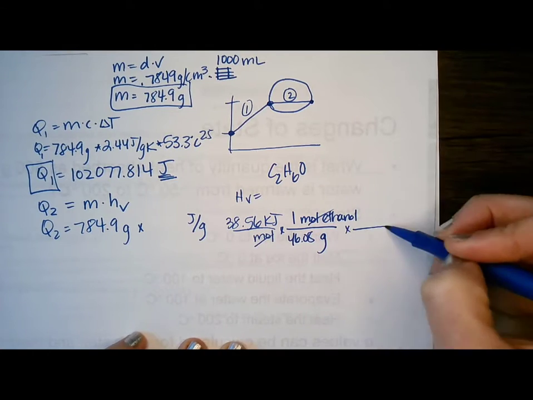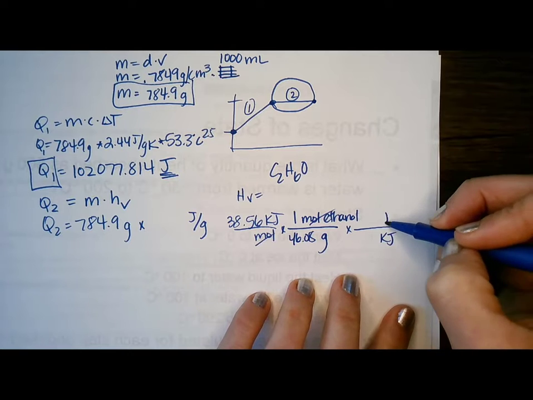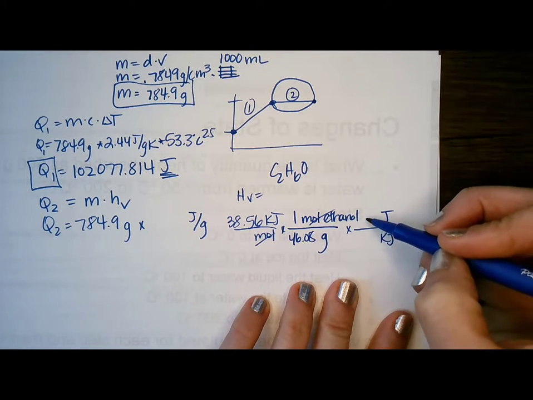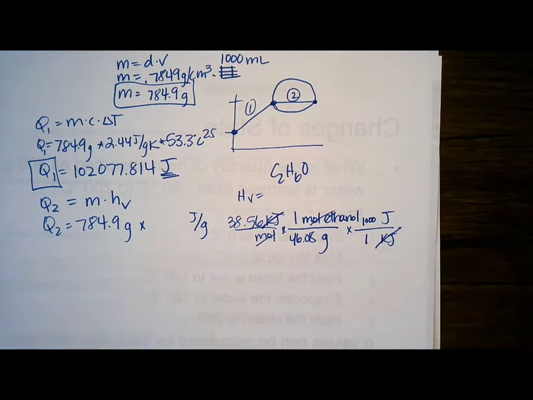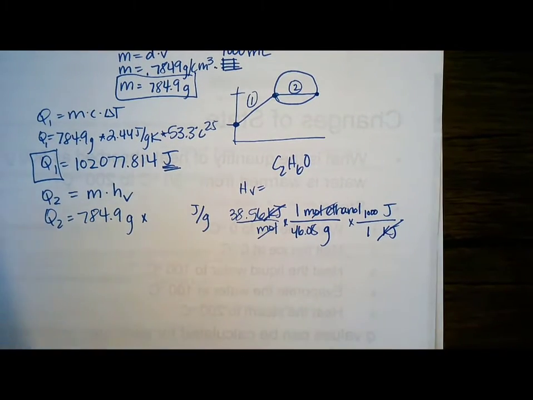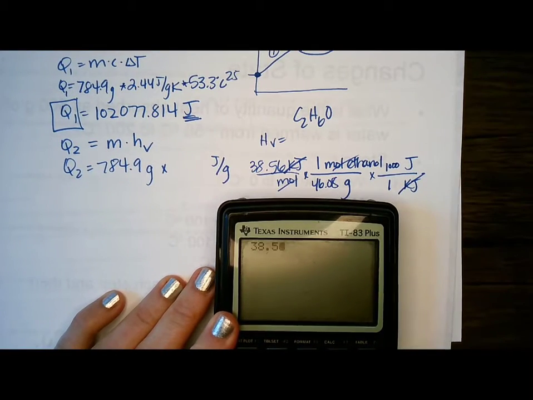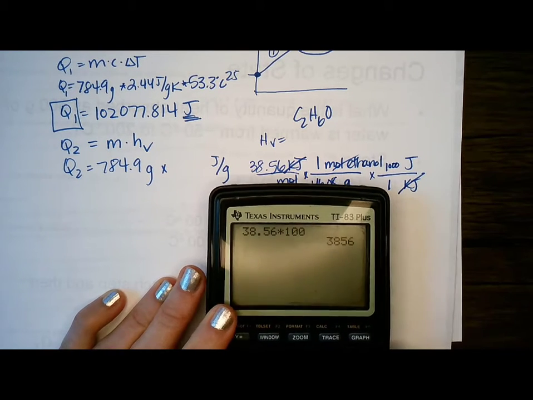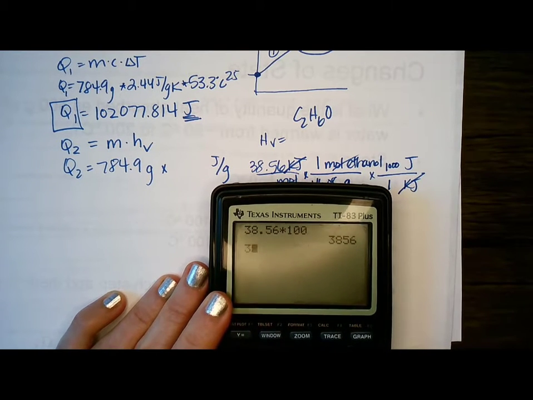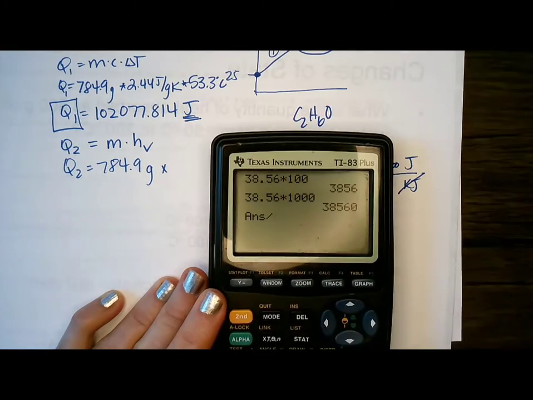Okay? Then I need to get rid of kilojoules, so I'm going to have kilojoules on the bottom, and I want joules on top. And I know that there's 1,000 joules in 1 kilojoule, so that'll get rid of my kilojoules. So let's do a little bit of quick dimensional analysis here. 38.56 times 1,000. Oh, I only did it by 100. 38.56 times 1,000 divided by 46.08.